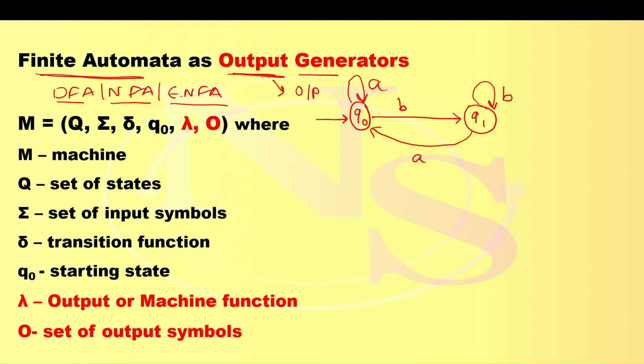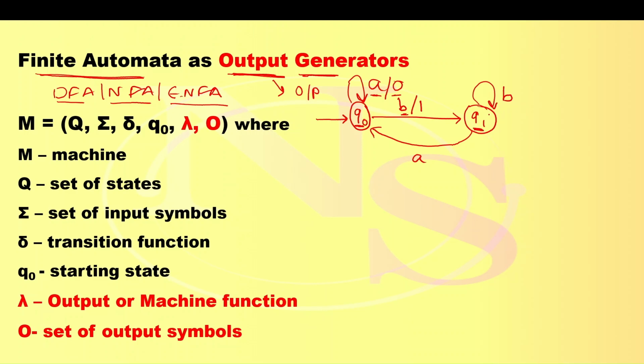How can we define output generators? Let's assume that Q0 is a state reading A, and at the same time creating the output 0. How can you read this? Q0 state reading A giving output 0. Similarly, Q0 state reading B giving output 1 going to state Q1. Once again, one more example.